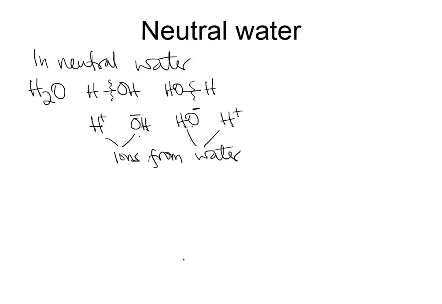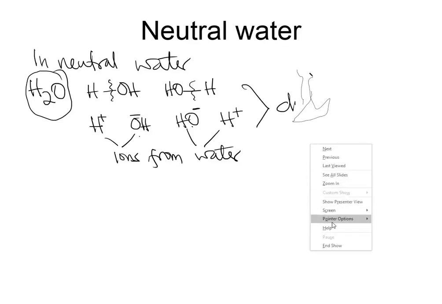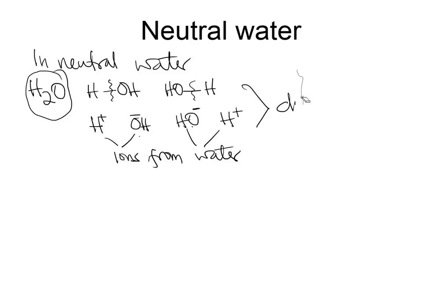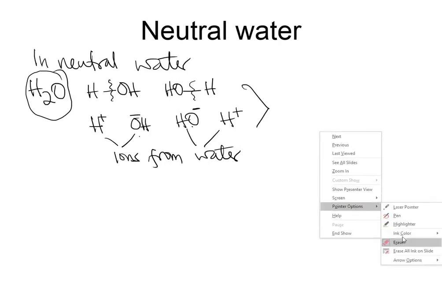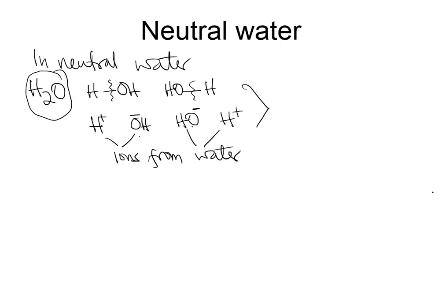So if you have a neutral water, in that neutral water you have the water itself that is not dissociated, and then you have dissociated water. So dissociated water is water that has become ions.